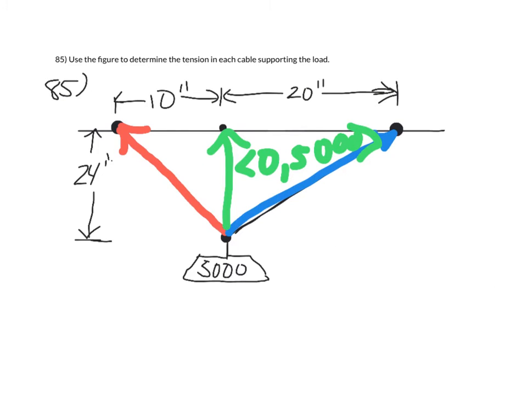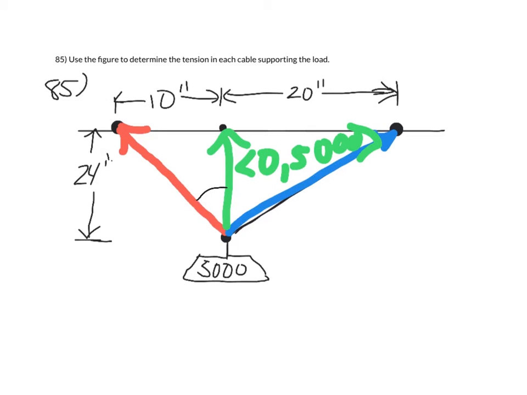So now I'm looking at my original picture again. And I can tell that this angle right here, let's do it in black, is equal to the same angle made by the two vectors on my previous screen.